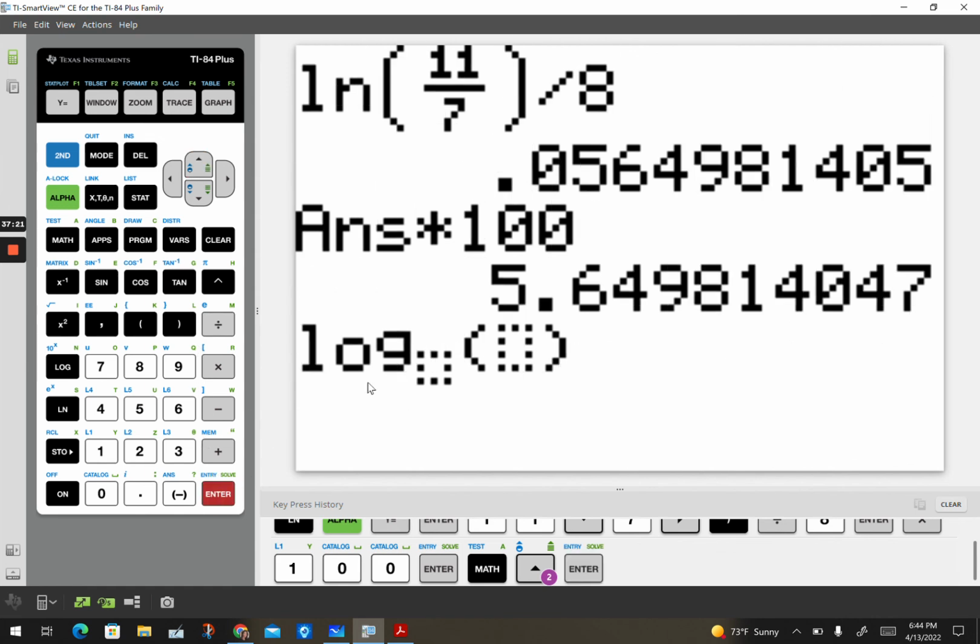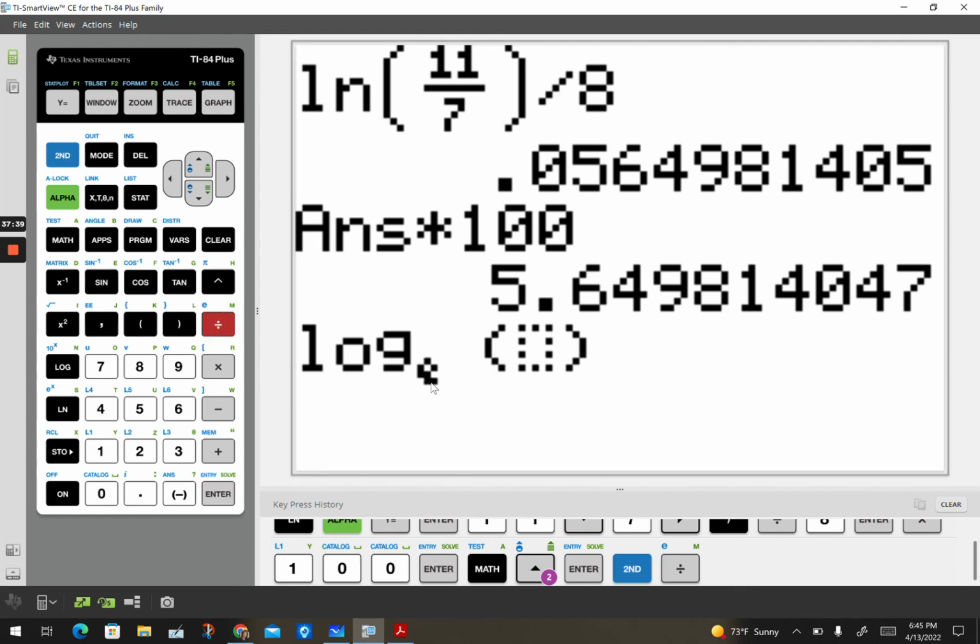I want you to notice how this line up here, ln 11/7 divided by 8, is the same thing as log base E 11/7 divided by 8, because when I hit enter, I get the same number two lines above. I still need to multiply by 100, and I will round.